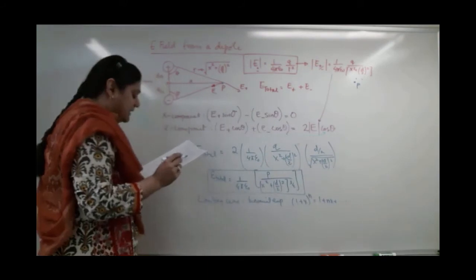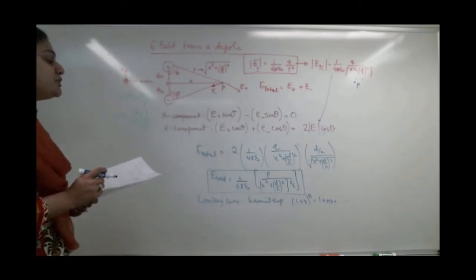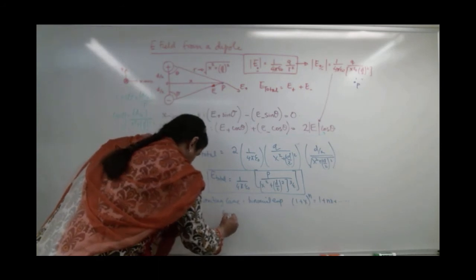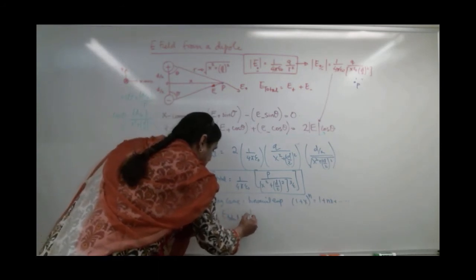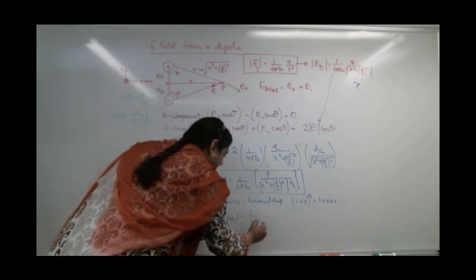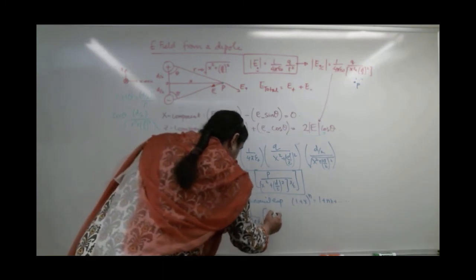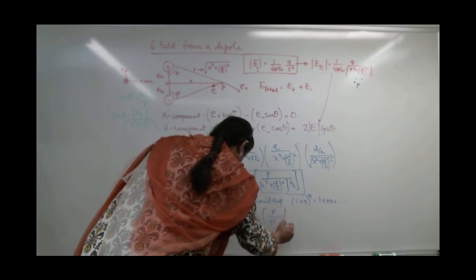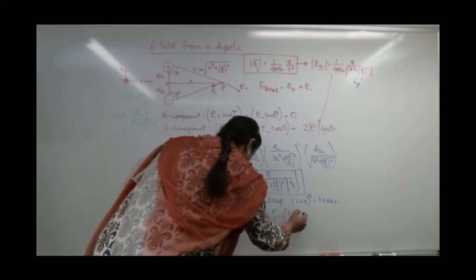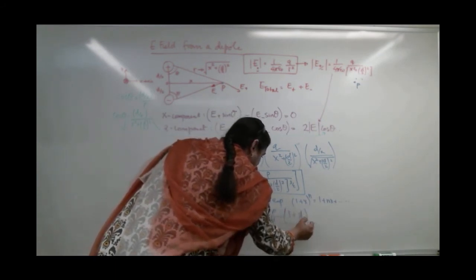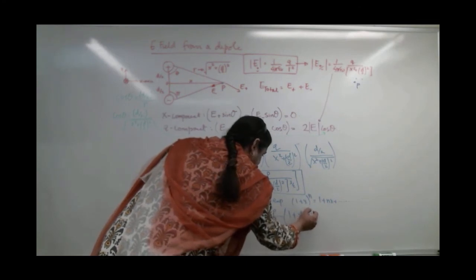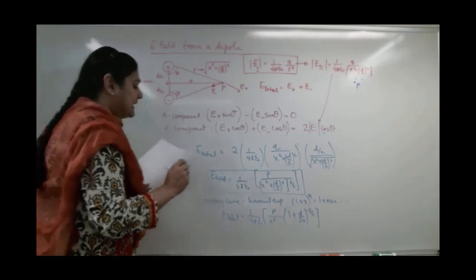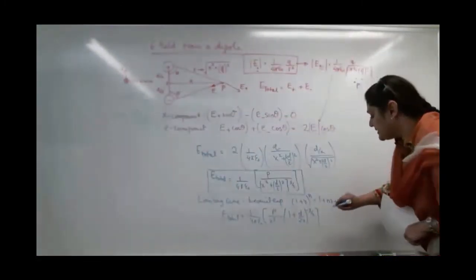If you apply that to this particular problem, your E total reduces to 1 over 4 pi epsilon naught, p over x cubed, times (1 plus (d over 2x) squared) to the minus 3/2. And plug that in for the binomial expansion.